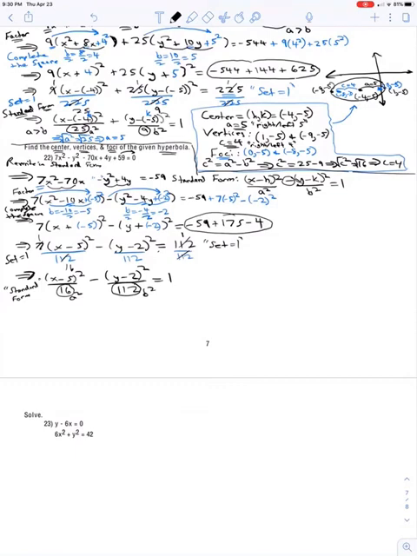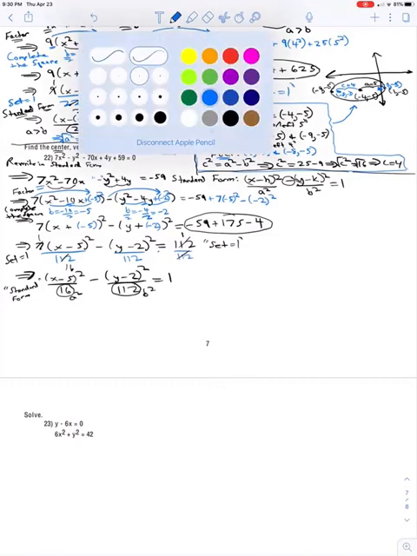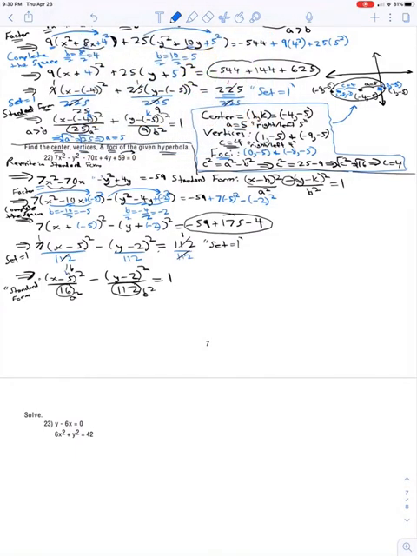So let's go ahead and talk about all the information we need to gather to get to that graph. Again, the h and the k values. We begin to write in that information. We know that our center point of the hyperbola is the ordered pair h and k, which is the ordered pair of 5 and 2.